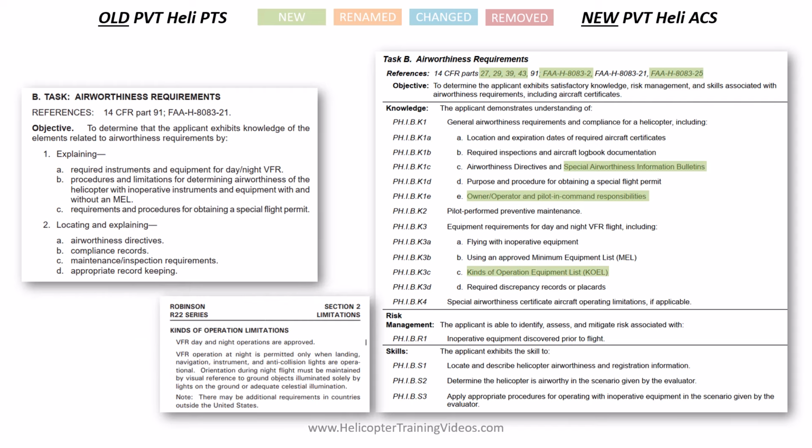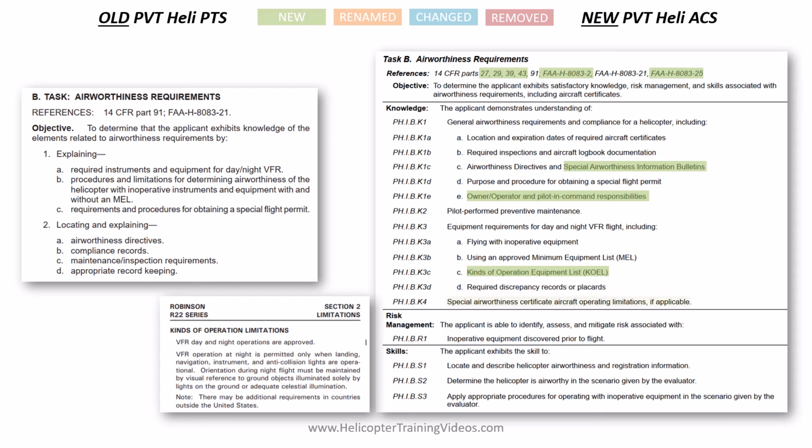The kind of operation lists are published by manufacturers and would be in the POH or the RFM, which is why I think the POH or the RFM should be in the list of references. There is no set format, so they can look different across different manufacturers, but you can see here the R-22 kind of operation limitations section talks about some of the equipment you need for night operations.